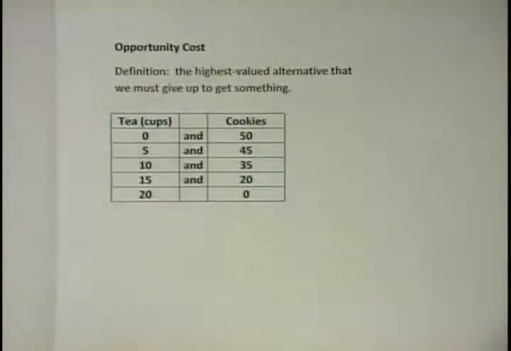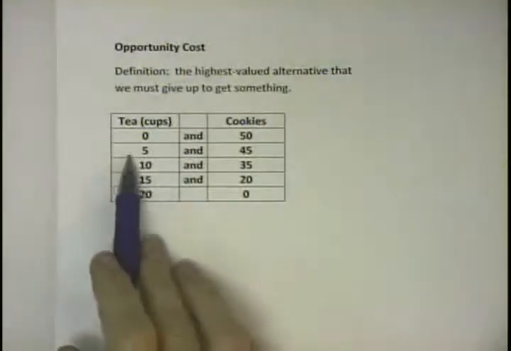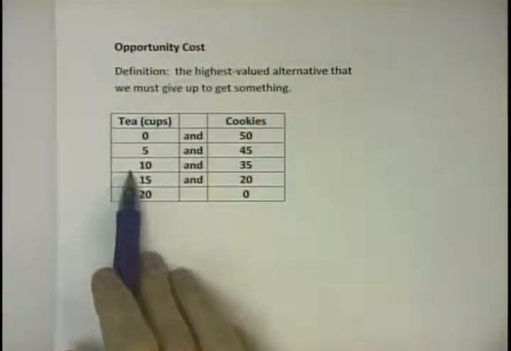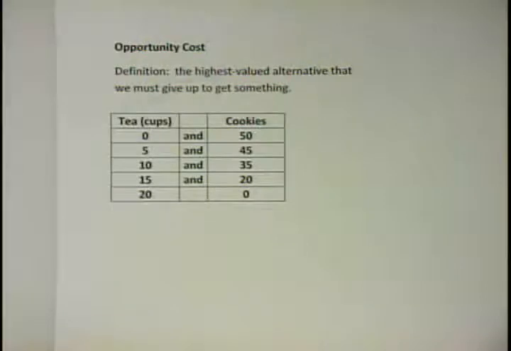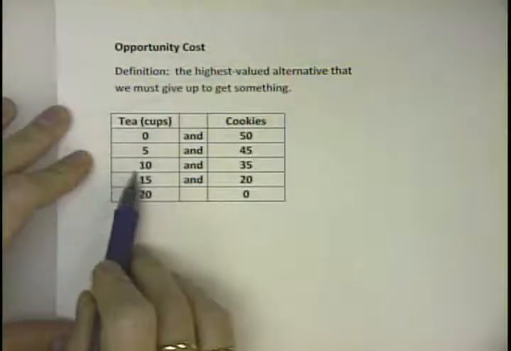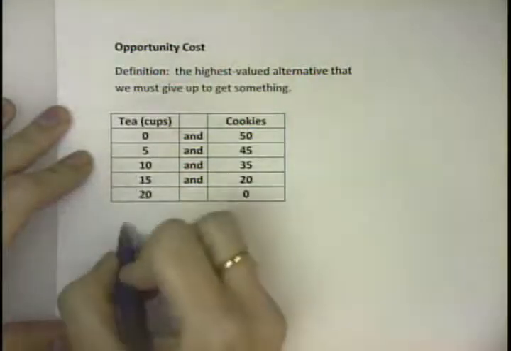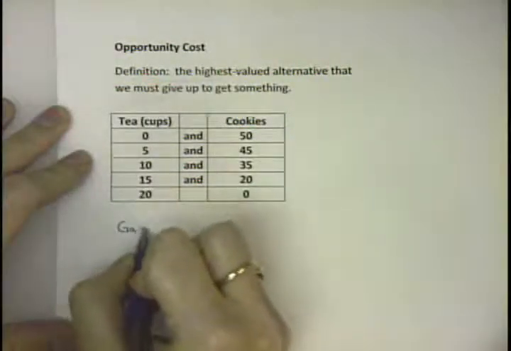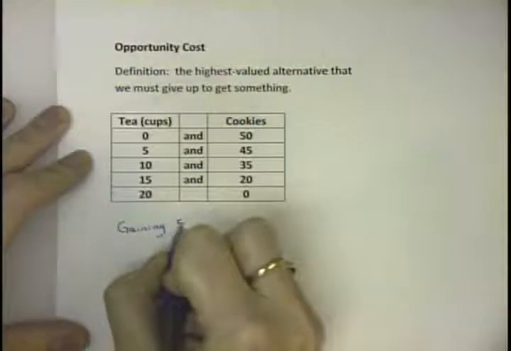Let's say I ask you a question that says, if we increase our production of tea from 5 to 10 cups, what is the opportunity cost of those 5 cups? So when we go from 5 cups of tea to 10 cups of tea, we are gaining 5 cups of tea.